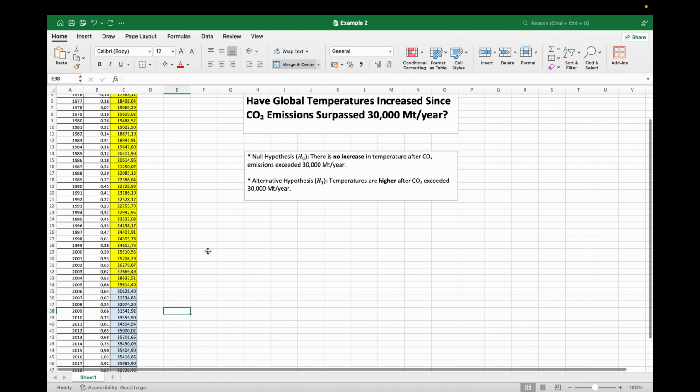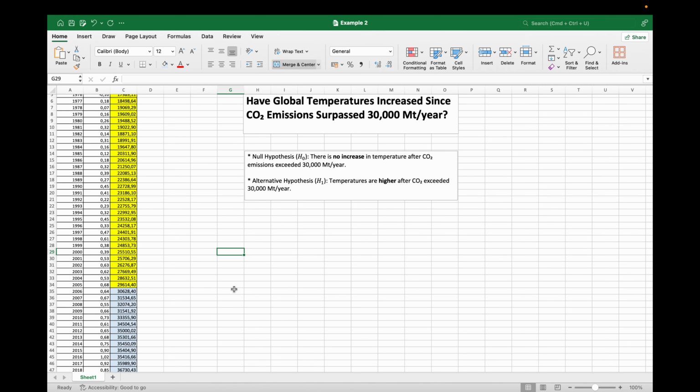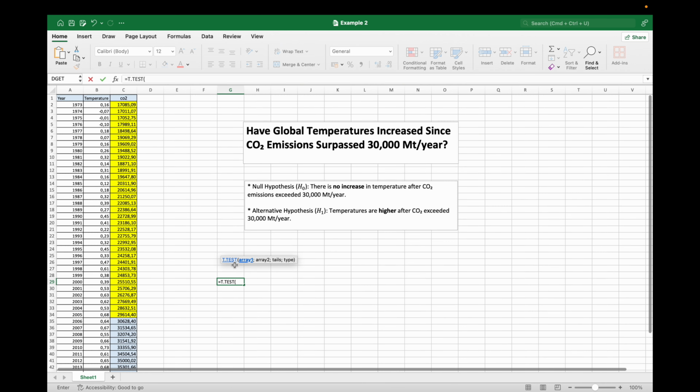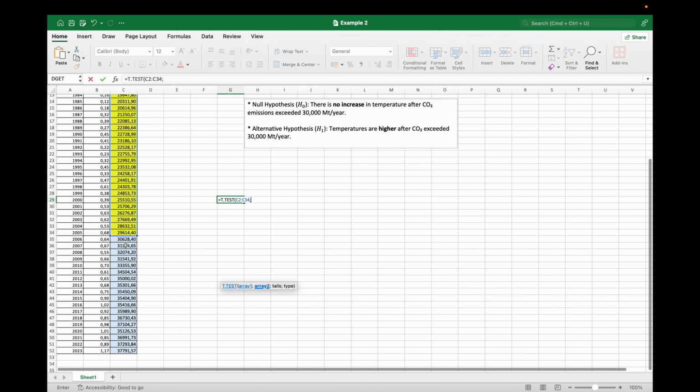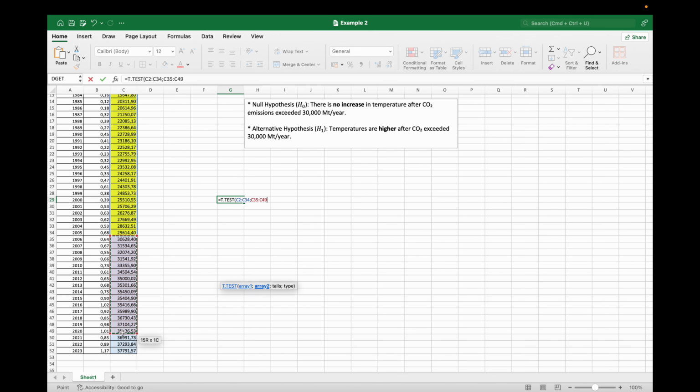And now I'm going to perform a t-test using a t-test formula. The first array is going to be from C2 to C34. The second array is from C35 to C52.